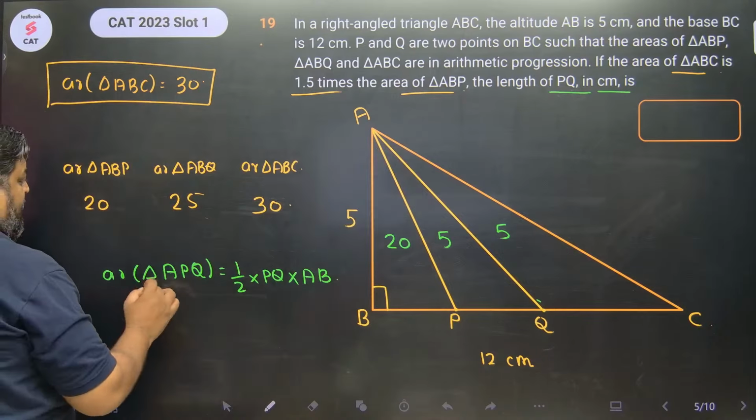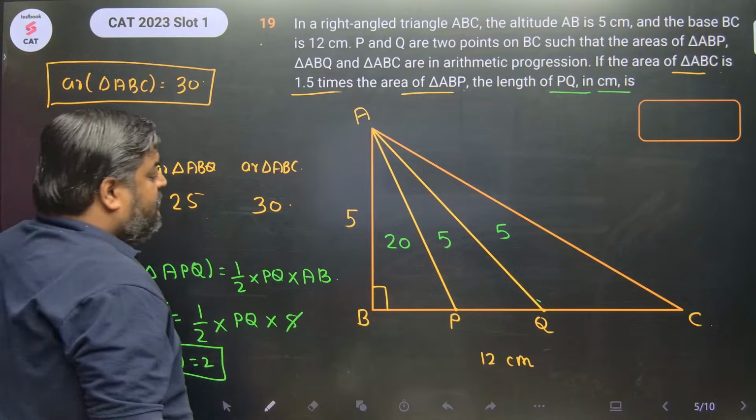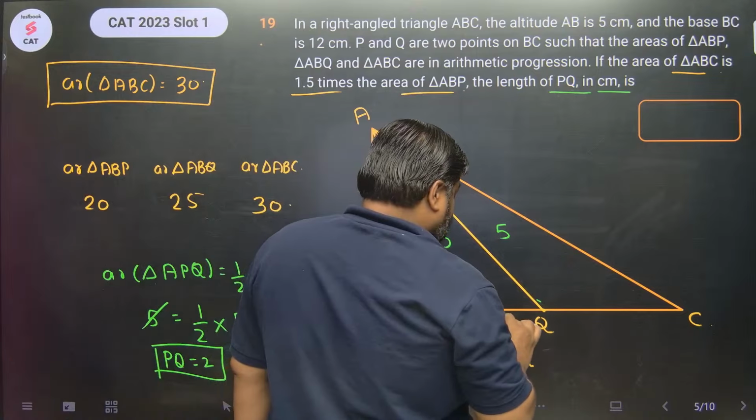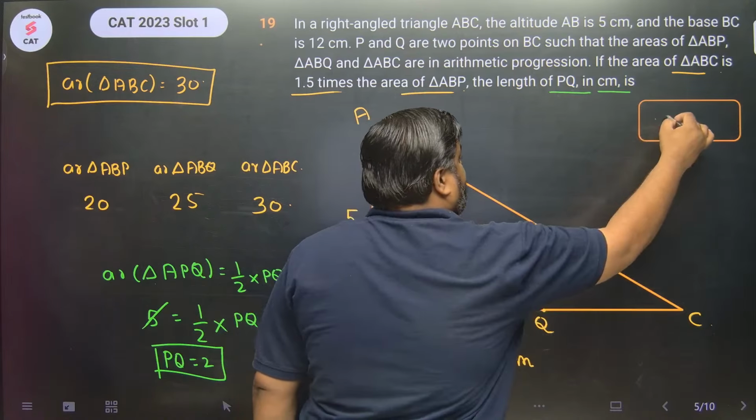The area of APQ, you are aware, is 5. So 5 is equal to half into PQ into AB. AB is also 5, so 5 and 5 cancel out. PQ is 2. The length of PQ is 2 centimeters. Answer to the question.